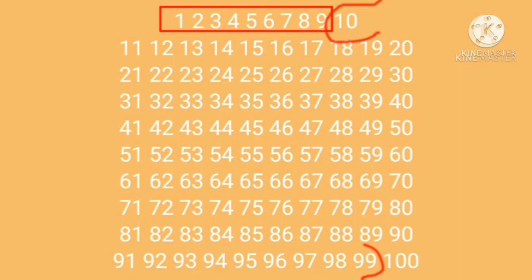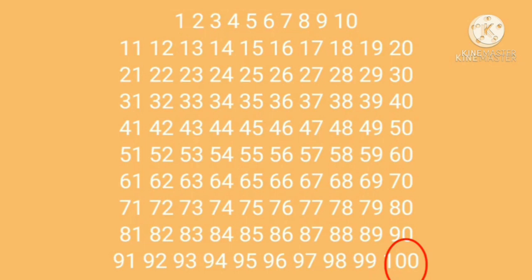Then tell me children, how many digits are there in 100? Yes, 3. So we can say that 100 is a 3 digit number and also 100 is the smallest 3 digit number. Can you say which is the smallest 1 digit number? Yes, 1, and 9 is the biggest 1 digit number. Then tell me which is the smallest 2 digit number?